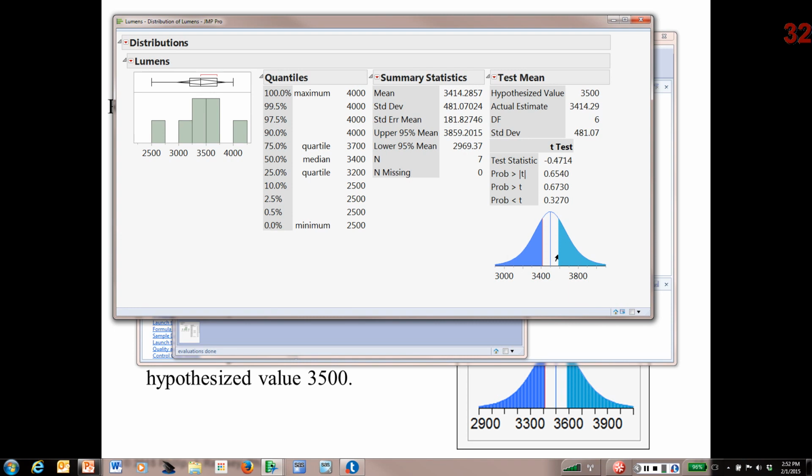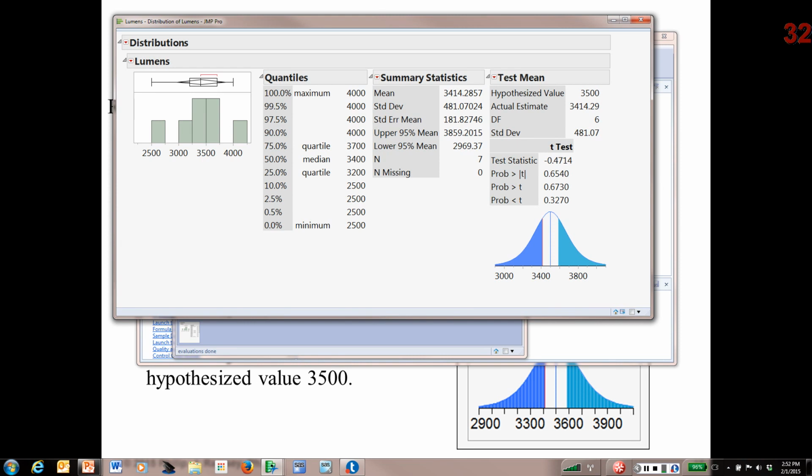In other words, I go an equivalent distance the other way. This is what a p-value measures. What's the probability I could have gotten a more extreme value? Well, the answer here is it's pretty high. That's another way of saying the sample data are really in good agreement with the null hypothesis.